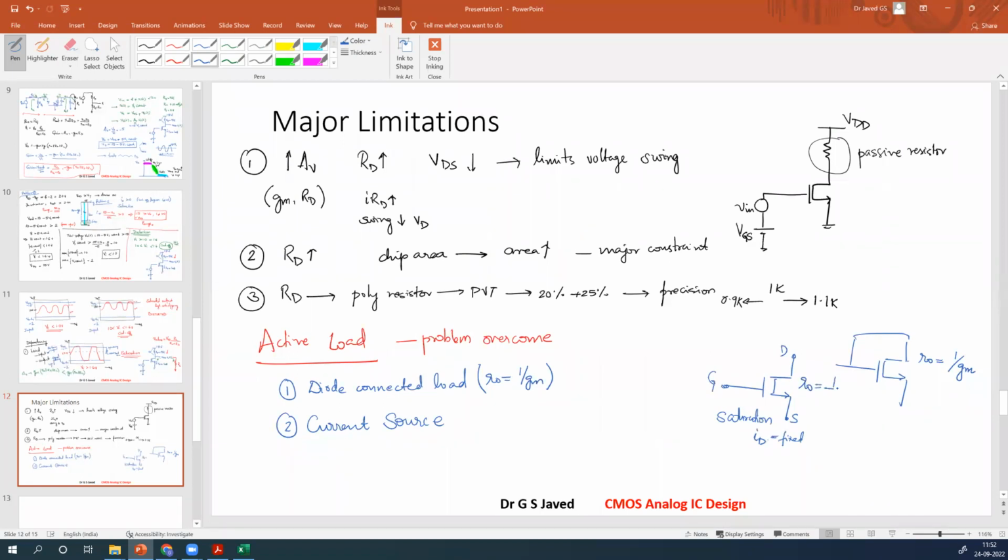R out is 1/lambda ID. If you compare these two, 1/lambda ID has a higher resistance compared to 1 over Gm. So this is a large resistance device in saturation. Last one is going to be in triode mode.